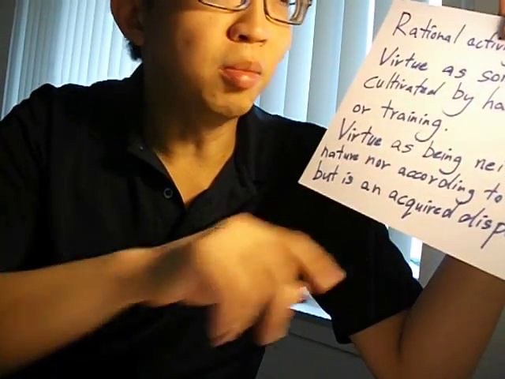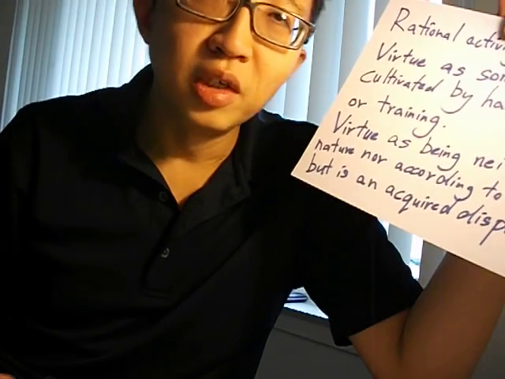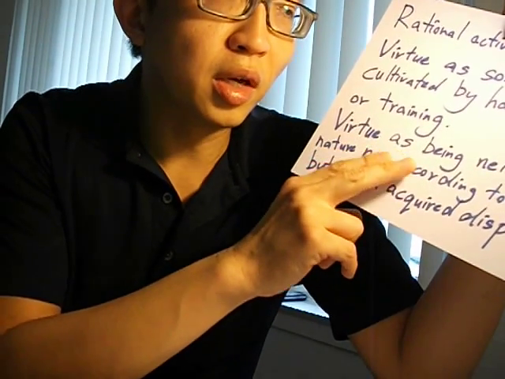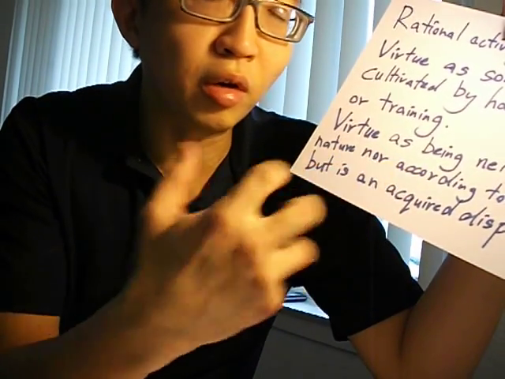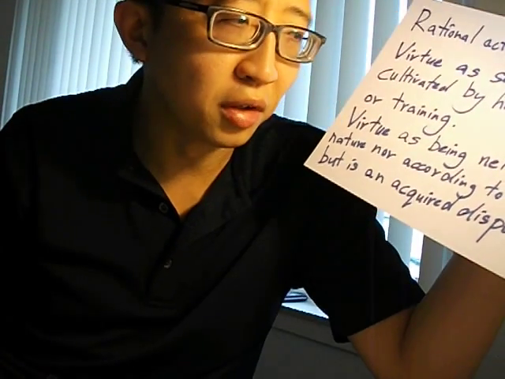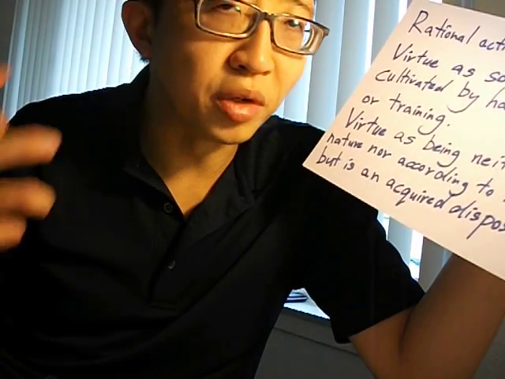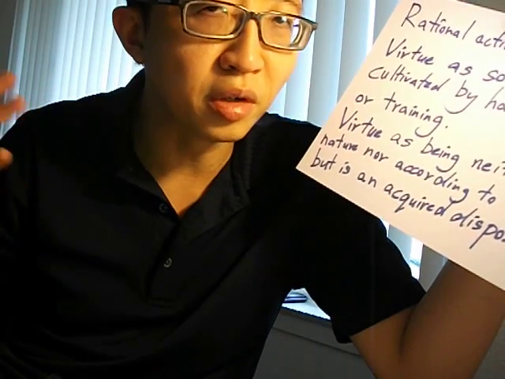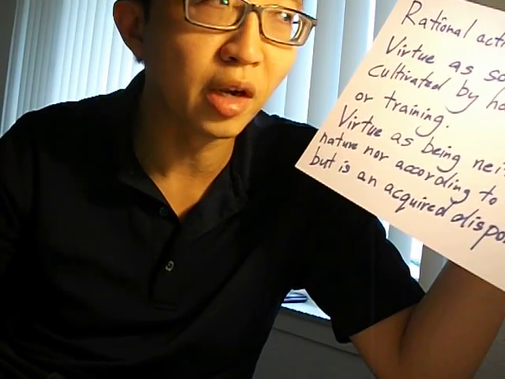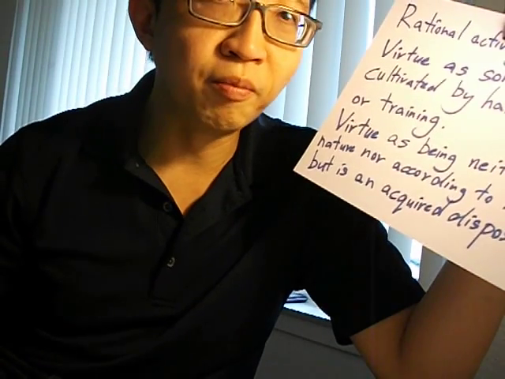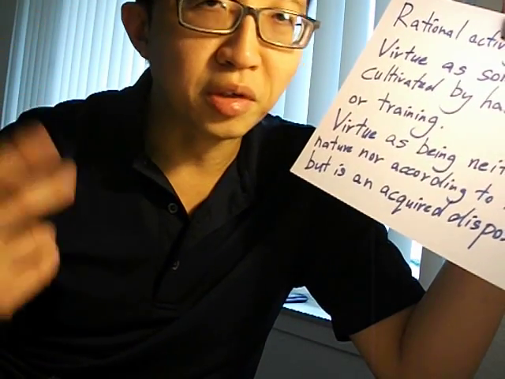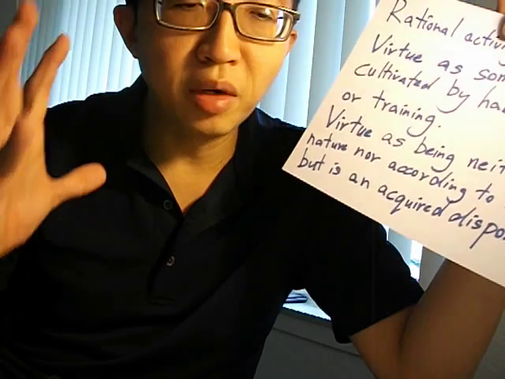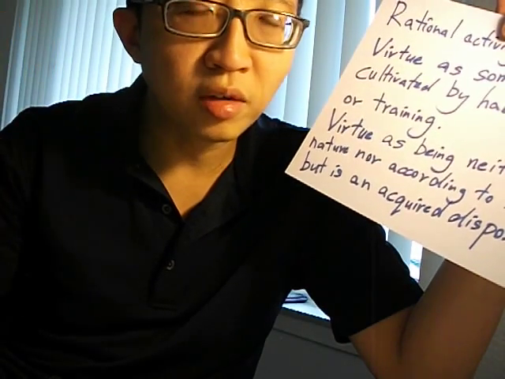Now, there are a couple of things that we need to know about virtue. First, virtue is something that is neither according to our nature nor against our nature, but is an acquired disposition that has to be cultivated by training and by habit. So, we are not virtuous by nature. A man in the state of the wild is not virtuous.